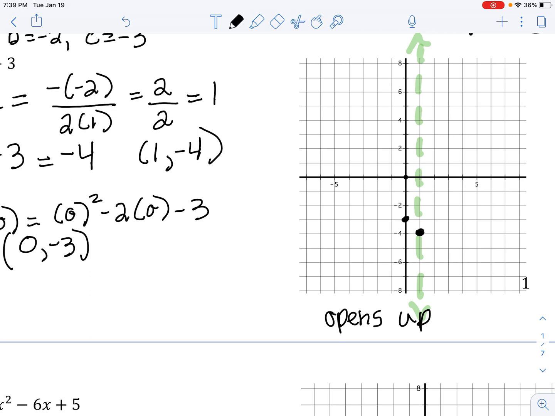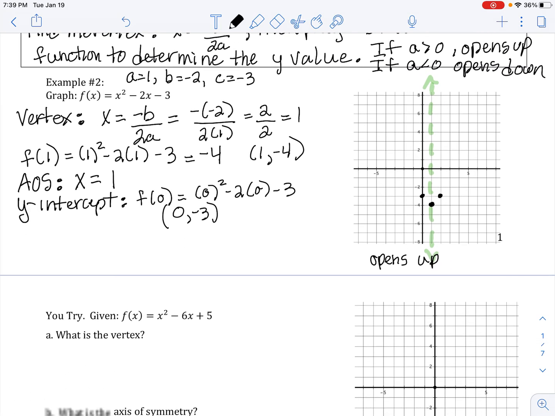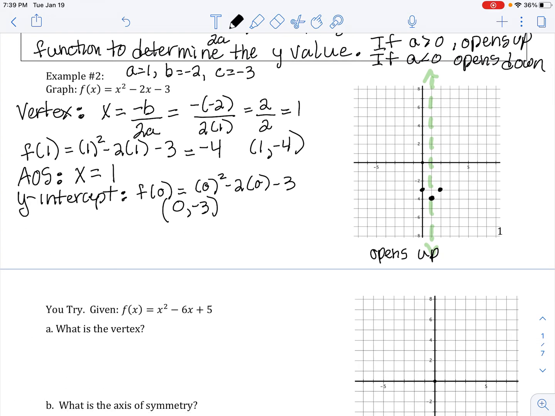Now if you use the symmetry of the axis, then you know that another point on that curve is (2, -3). There's your symmetry over that line. All right, so now I know 2 points, and I know the vertex. I need 2 more points to get a complete graph of my parabola.